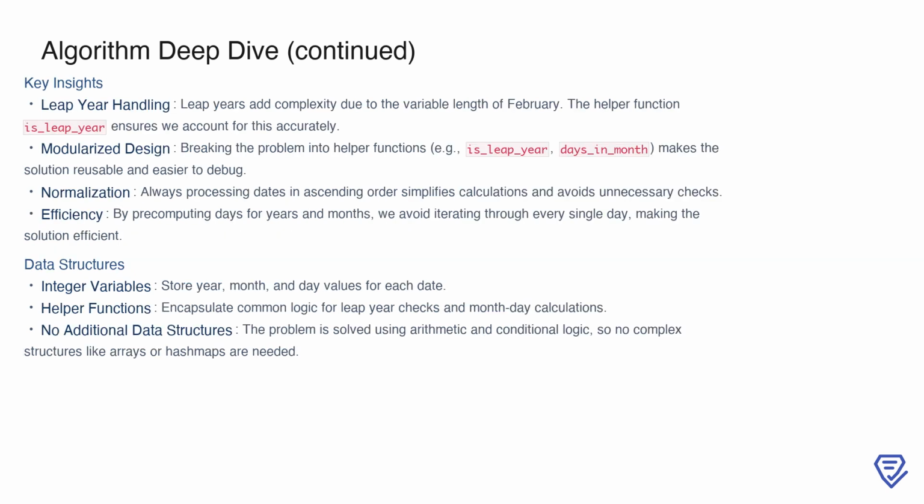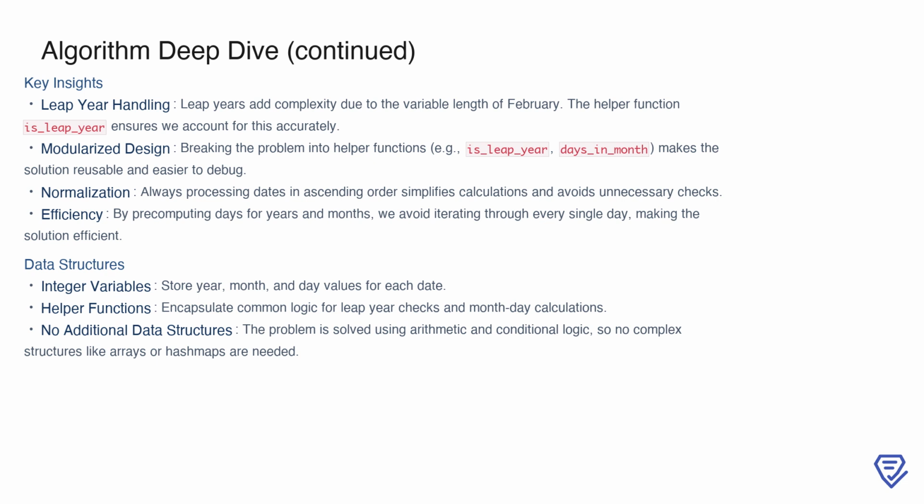This approach avoids iterating through each day individually, making it highly efficient. When solving this problem, there are several key insights to consider. First, handling leap years accurately is critical due to their impact on February's length. The is_leap_year function ensures that our calculations for leap years are both correct and reusable. Second, our modularized design, which employs helper functions like is_leap_year and days_in_month, simplifies the solution by breaking the problem into smaller, manageable pieces.